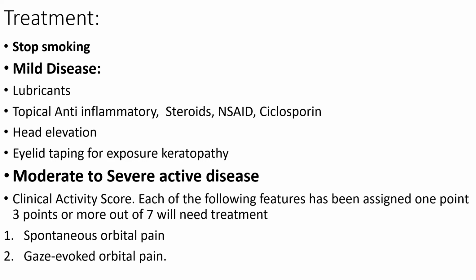In moderate to severe active disease, the clinical activity score, each of the following features has been assigned 1 point, and 3 points or more out of 7 will need treatment. Like spontaneous orbital pain, gaze evoked orbital pain.